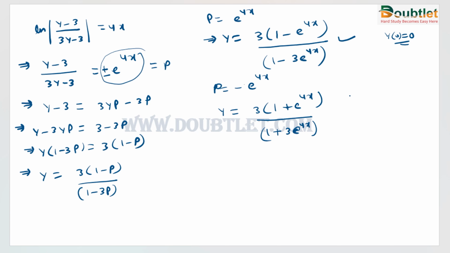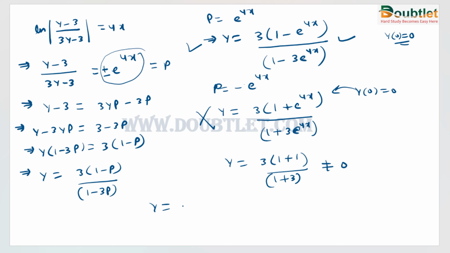And if we again put y0 is equal to 0 in this expression, we will get 3 times (1 plus 1) divided by (1 plus 3), which is not equal to 0, meaning this expression is wrong. So the correct solution of this differential equation is (1 minus e to the power 4x) divided by (1 minus 3 e to the power 4x).